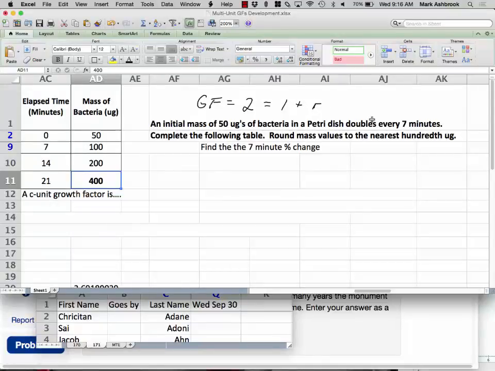You're going to keep what you had before. So in multiplying by 2, one of that is what you had originally, and then the plus r is how much you increase by. So in this case, the 7-minute percent change is 100%, right? 1 plus 1 makes 2. 1 from what you had before plus 1 additional. So the percent change is 100%.